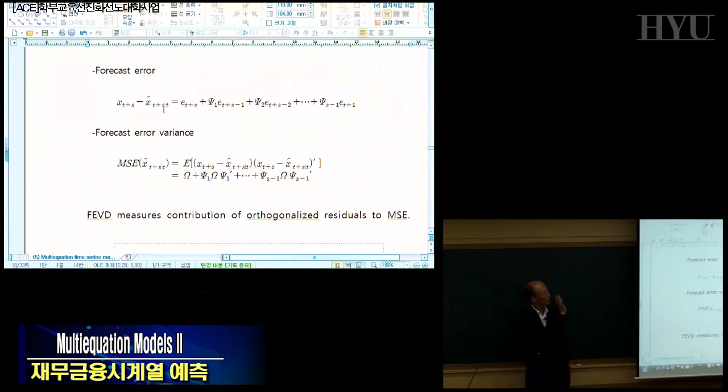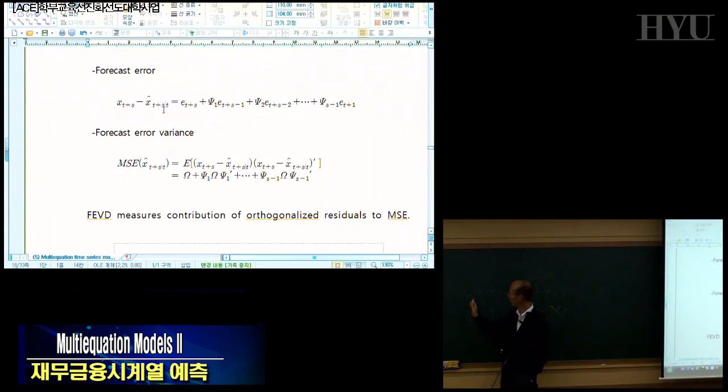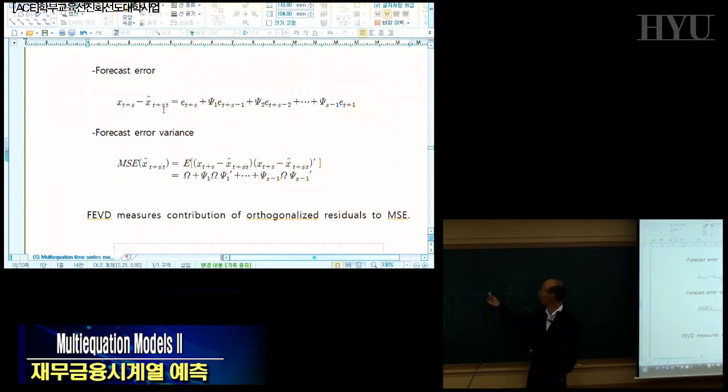But this forecast error decomposition is trying to decompose, let's say, in the first period, next period, if there is a forecast error, whether that is contributed mainly by, let's say, first shock, second shock, third shock, and so on.